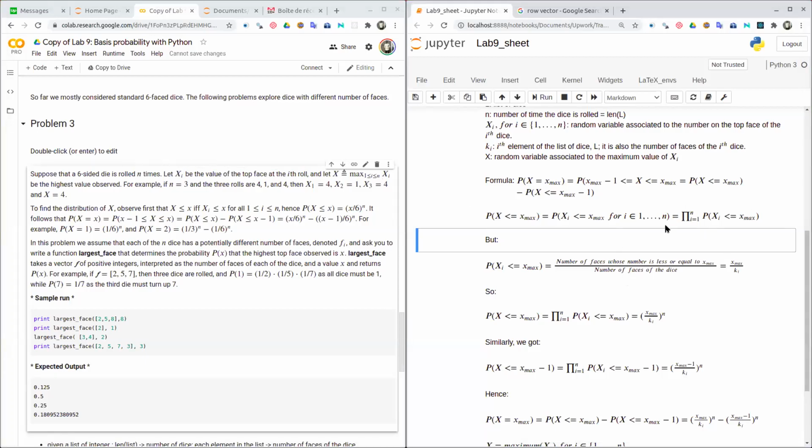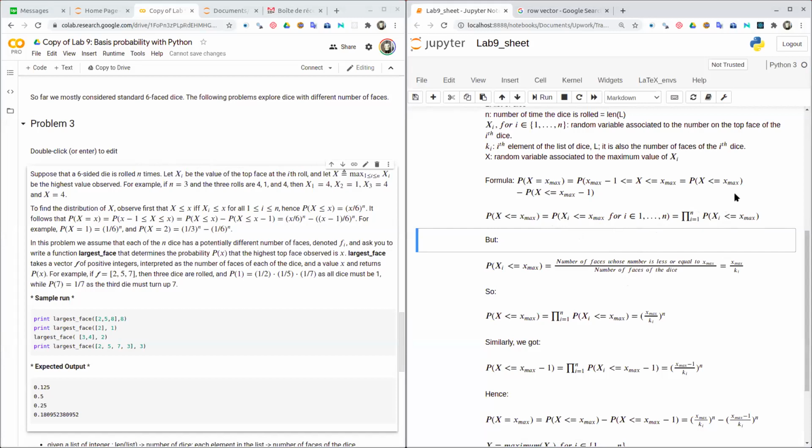You understand till here? So this is the probability that x1 is less than or equal to x max, x2 less than or equal to x max, up to the probability that xn is less than or equal to x max, n times. So it makes the product of each probability.